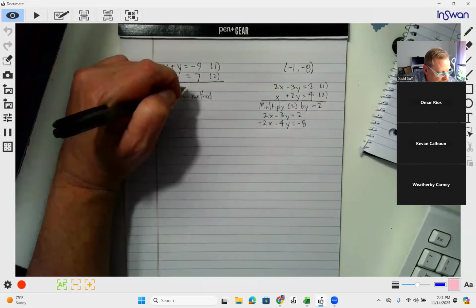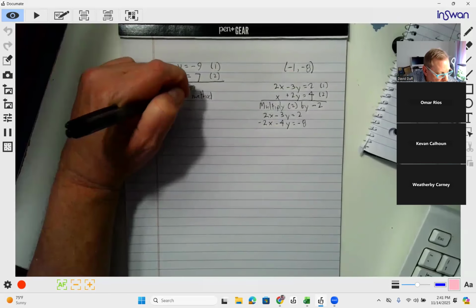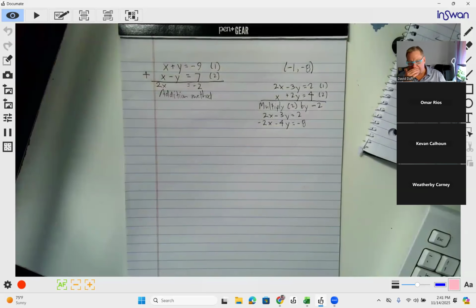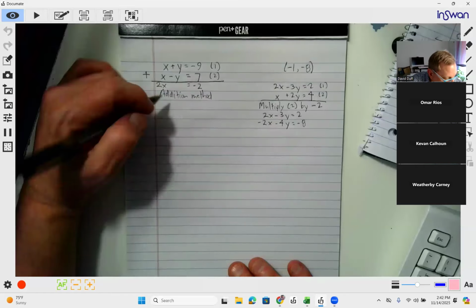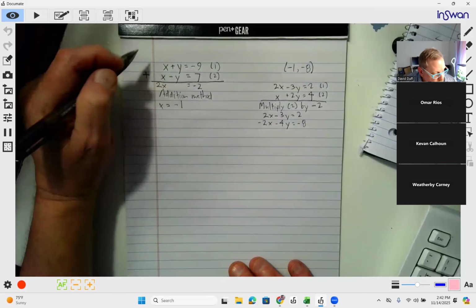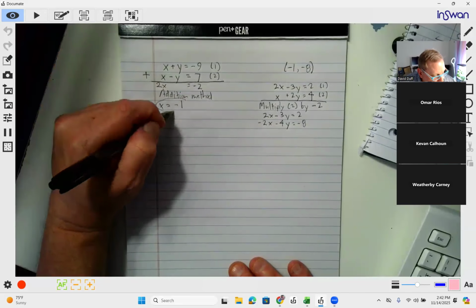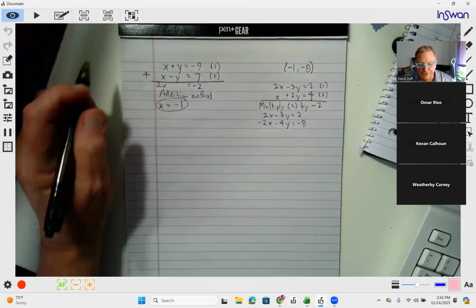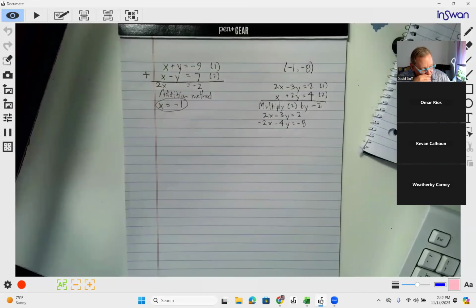That's the exact objective. So if I add these together, I end up with 2x is equal to -2. And then if I solve for x, I get x is equal to -1. So what I have found is the x part of the ordered pair that will make both of these equations true.